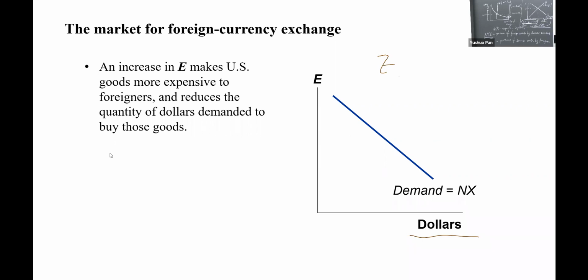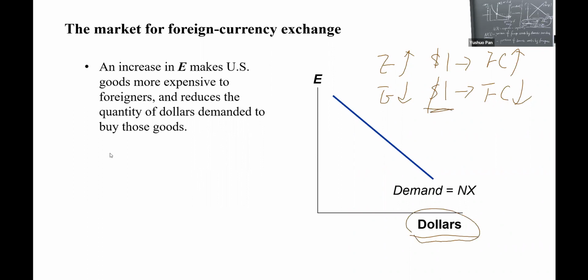So if E increases, it means if I use $1 US, I can exchange for more foreign currency, which means there is an appreciation of US dollars. If E decreases, it means if I use $1 US, I can exchange for less foreign currency compared with before, which means there is a depreciation of dollars.